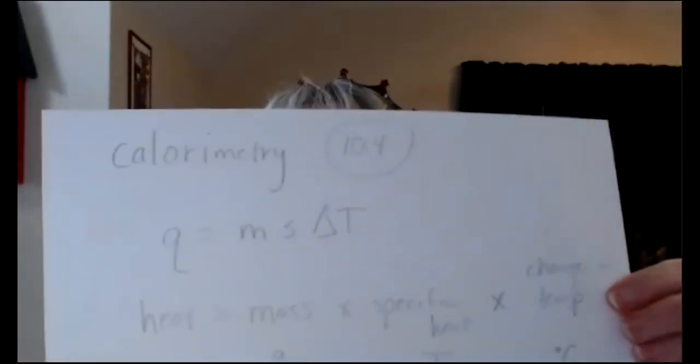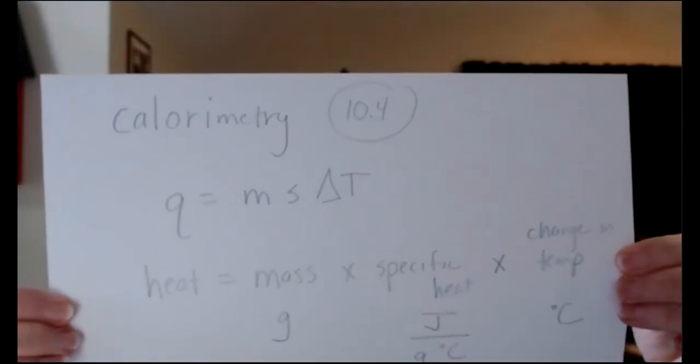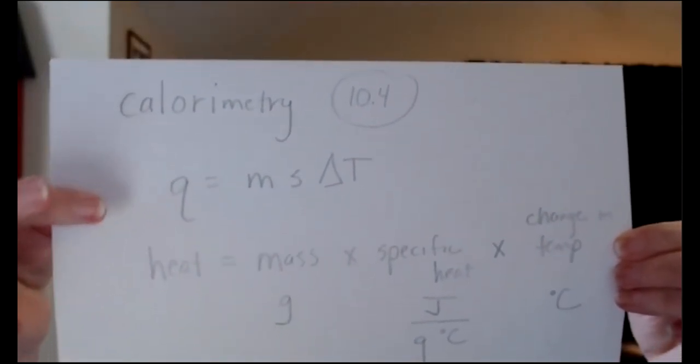Okay, I'm going to start. Now, some of this might be a repeat, but I think it'll be helpful. There are 2 main sections in chapter 10. One of them is called calorimetry, where it has a formula. I just translated from the formula to words.